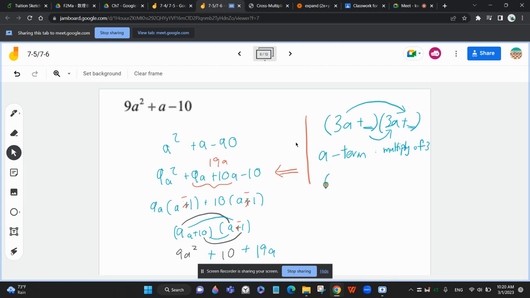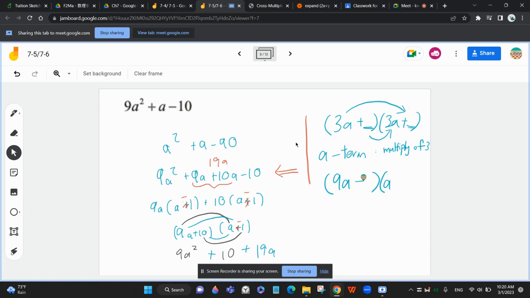So the next guess would be a and then 9a. Okay, and then the negative 10, we should guess that the negative should be over here.